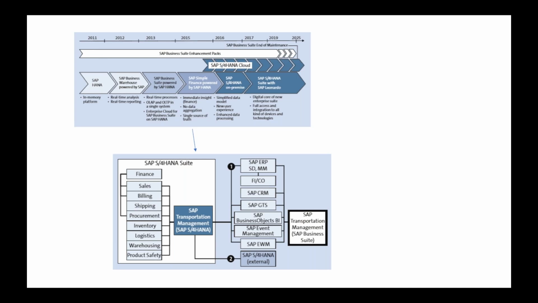But if you are in your S/4HANA system, then the latest one is 1909. Obviously there are some more features compared to 1809, but it's more of an evolving phase. With every release, SAP is going to add more and more functionalities in the S/4HANA business suite with embedded TM.